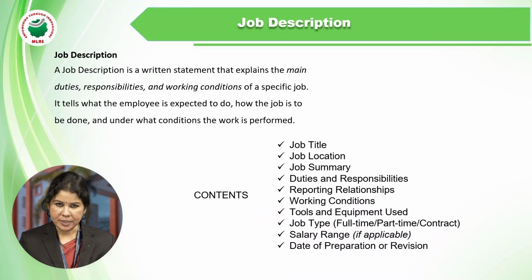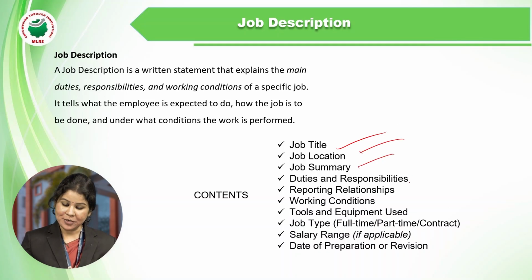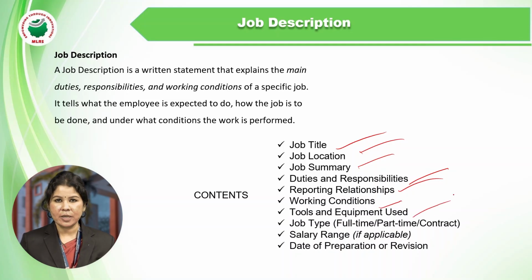In this, we collect information about the job title, job location, job summary, duties and responsibilities, reporting, that is to whom you have to report, working conditions, tools and equipment, any machinery used, the type of job, whether it is part-time, contract-based or full-time, the salary, and the date of preparation or revision.